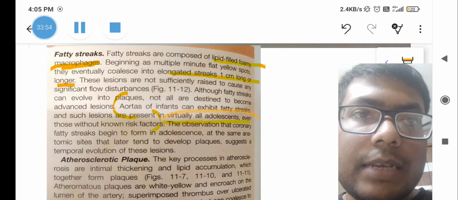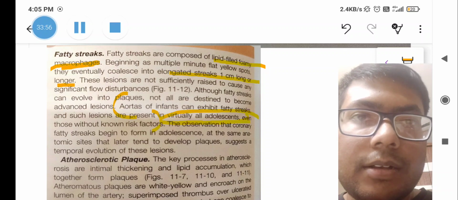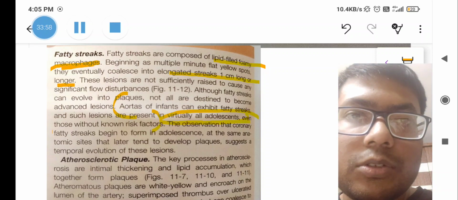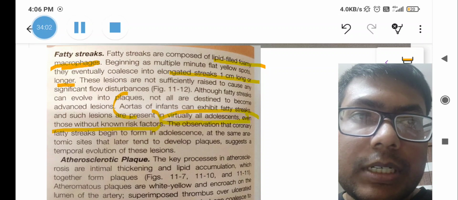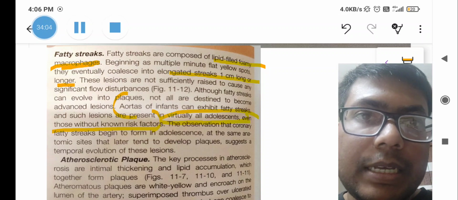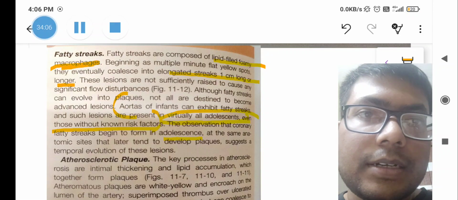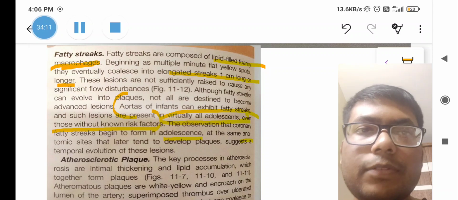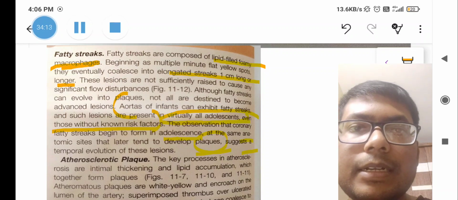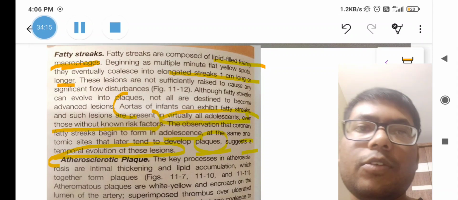This is a very important component. Those without any risk factor. The observation that coronary fatty streaks begin to form in adolescents at the same anatomic sites that later tend to develop plaque suggests a temporal evolution of this lesion.